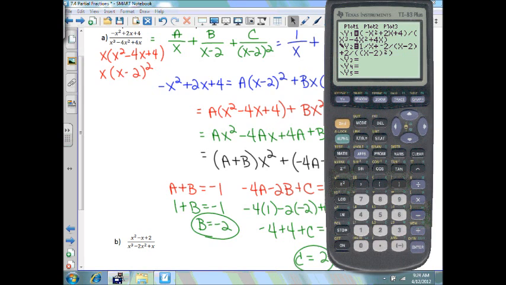Now I put the x minus 2 squared in parentheses again so it knows I'm squaring the x minus 2, not the entire problem. So when you graph this, you will see that it's the exact same function. If you don't get the same exact graph, then you did something incorrectly.